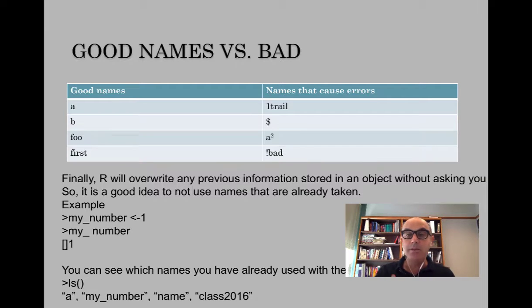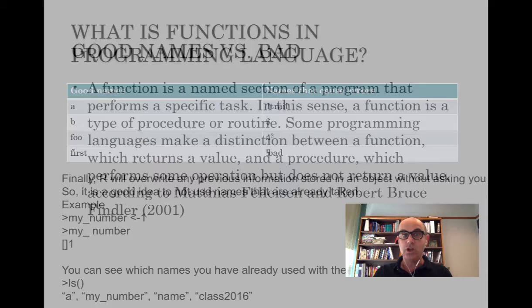Those are bad names because you will mess up the reader and you mess up R. So I recommend you use good names. And you can see the names you have already used by using the command ls. So ls will show you all the objects that you have used.